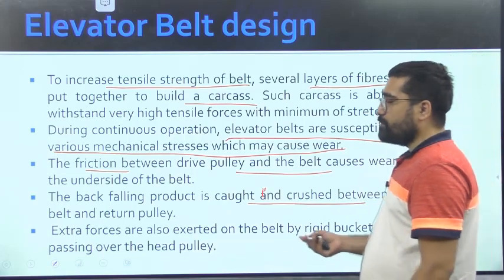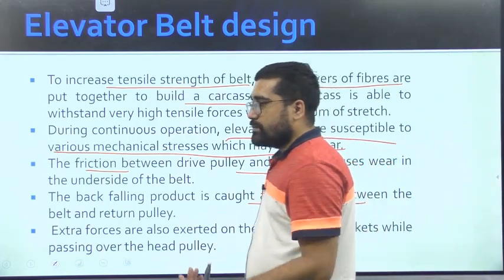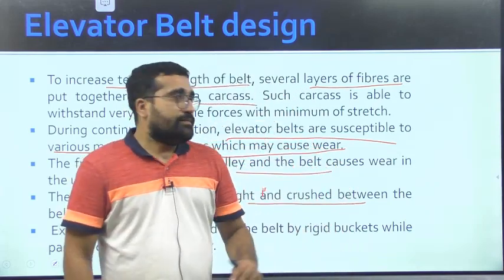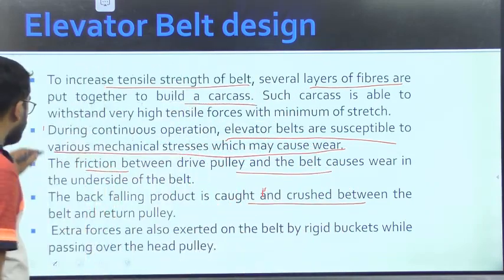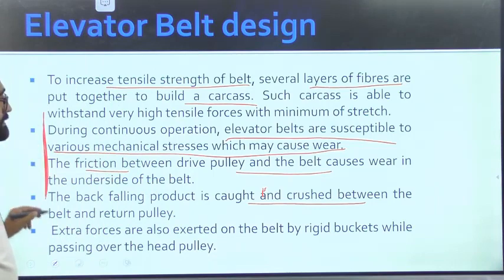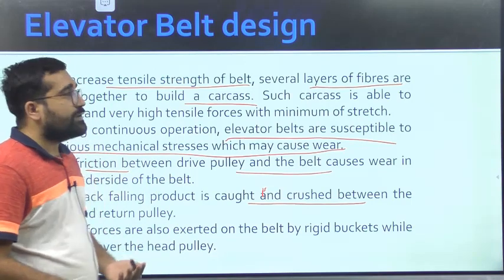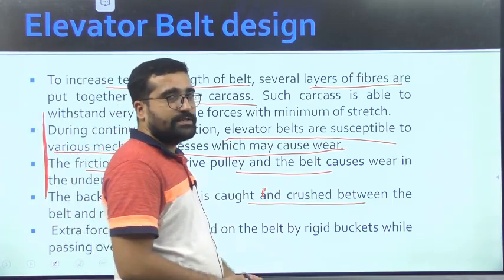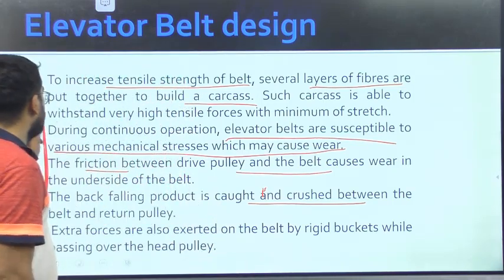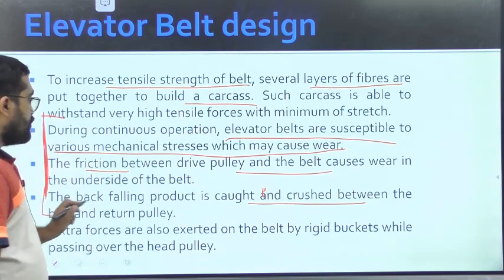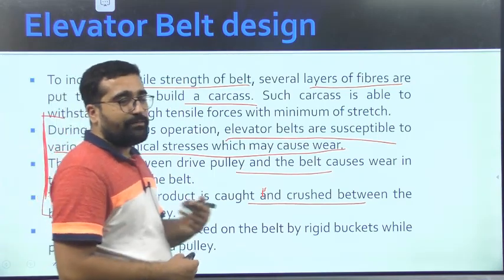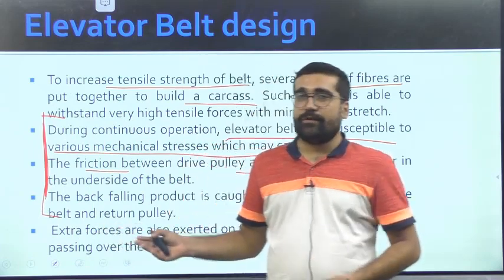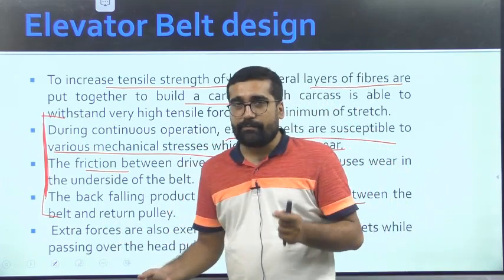So we have to provide extra force to the belt so that it can overcome all these miscellaneous forces, other than the forces we have seen, the material load and so on. We have to design a belt in such a way that it has an extra force bearing capacity.